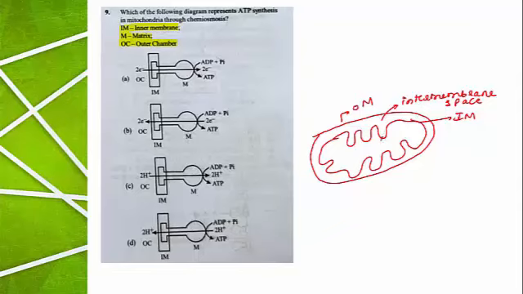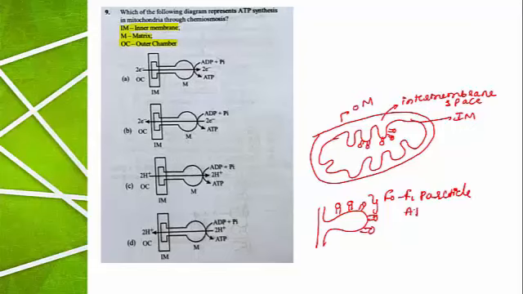And here are the structures called the F0-F1 particles. If a single crista is enlarged, on the surface of the crista we can see the presence of small particles known as F0-F1 particles, and this structure has the ATPase enzyme responsible for the synthesis of the ATP molecule.